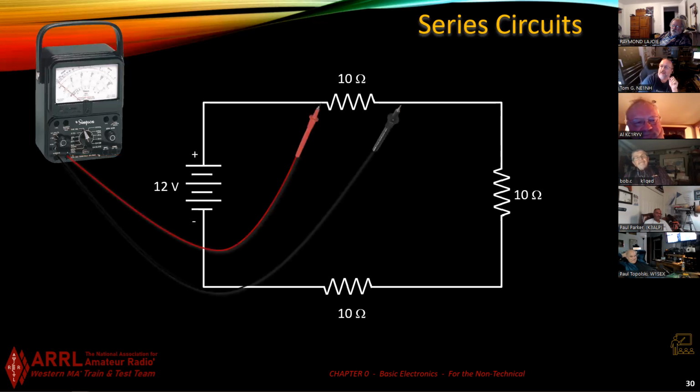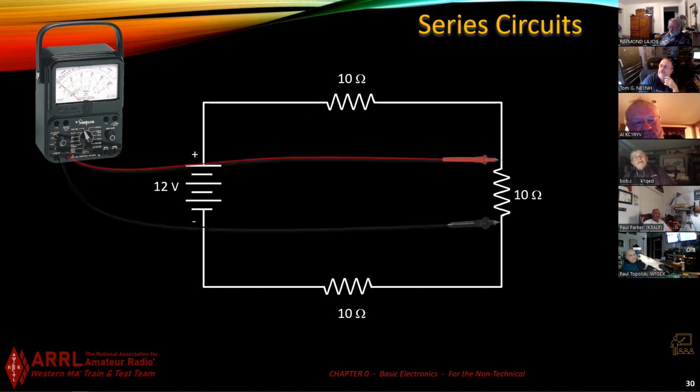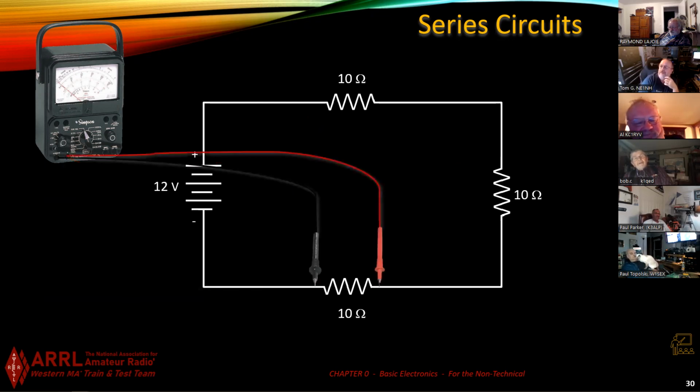So now what happens if I measure here? You can still get 12 volts. No, wait a minute. The resistance is 10 ohms, so the voltage is 10. I'm trying to get this formula in my head. We're going to measure all 3 places, okay?